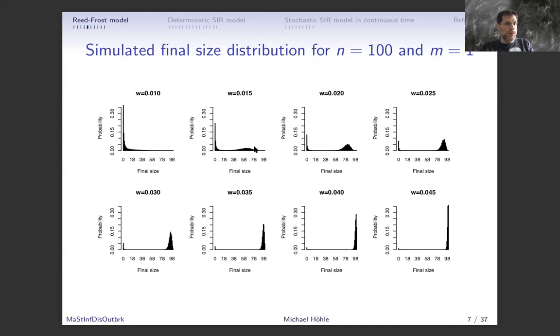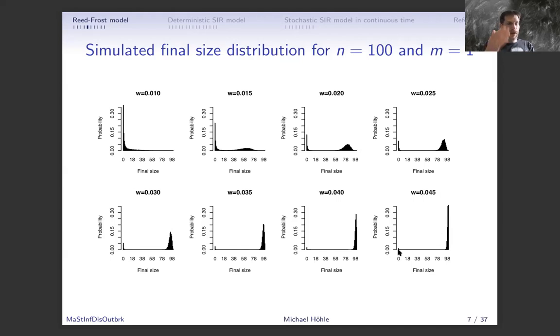So you see the mass moves away, the probability that you will have a minor outbreak will be smaller and smaller, and this will be bigger and bigger, and it will move to the right. The larger W is, you have almost all infected at the end of the outbreak, and there's only a very small probability that this initial infection is not going to infect anyone, and the outbreak is going to die out quickly.